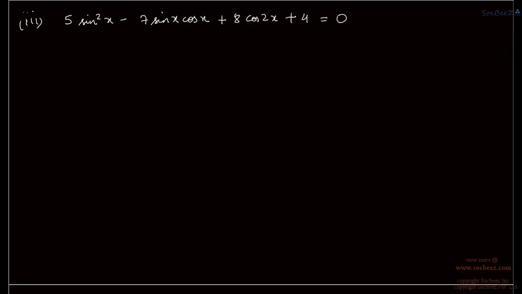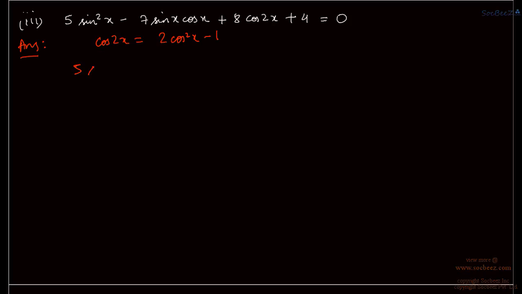Now we did one which is very similar to this. So bringing it to that form is very simple. Now, that involved, instead of cos 2x, cos squared x. Right? So we just need to use the identity of cos 2x equal to 2 cos squared x minus 1.